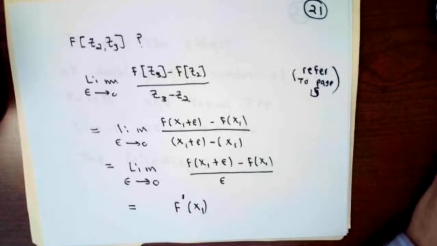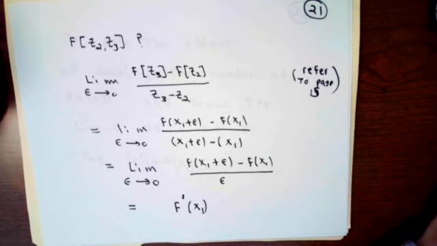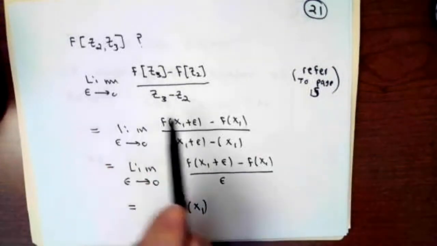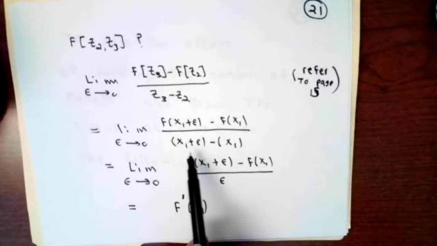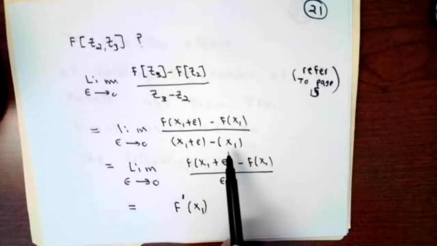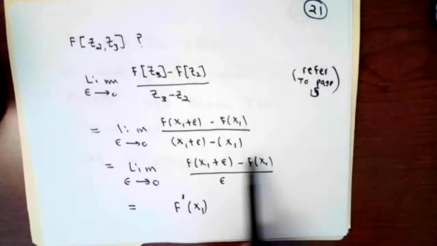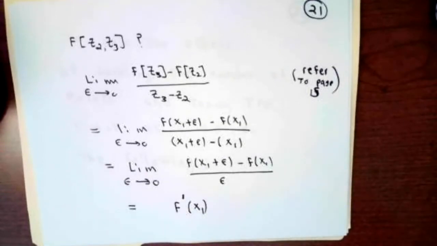I want to look at the limit of f bracket z2, z3 before I've let the epsilon go to 0, and then I want to see what happens when I take that limit, write in what z2 and z3 are. The same thing happens to you. On the bottom of the fraction, x1 plus epsilon minus x1 is epsilon, and this limit is the definition of the derivative of f evaluated at x1.